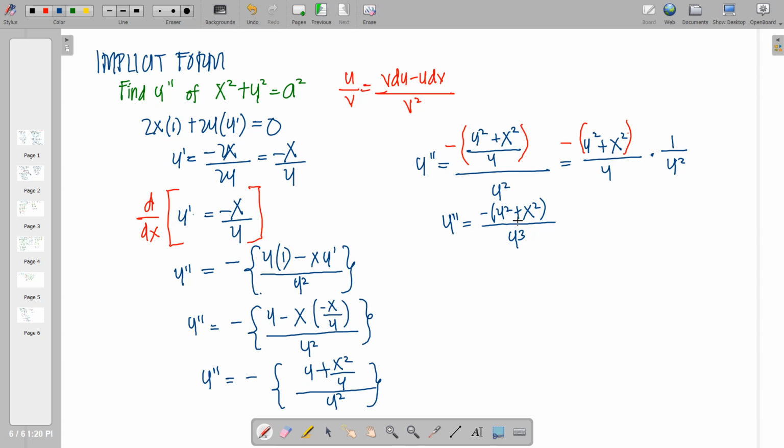So notice here that y squared plus x squared is actually a squared from the original equation. x squared plus y squared is equal to a squared. So finally, this shall equate to negative a squared all over y cubed. So this is an example for implicit form.